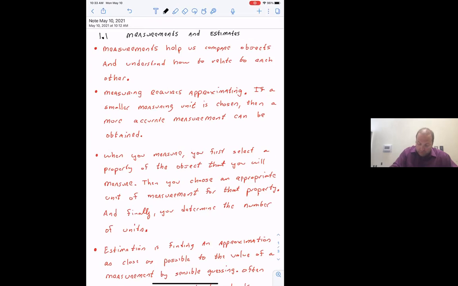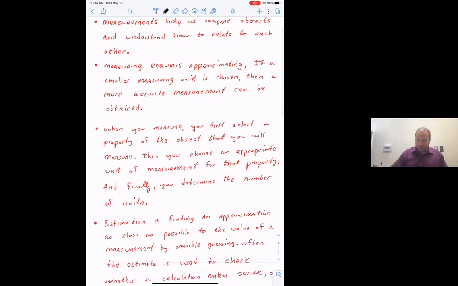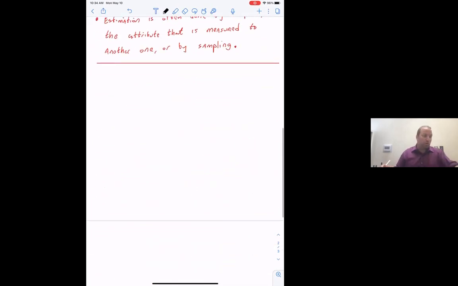Okay, measurements and estimates. So now we go to section 1.2.